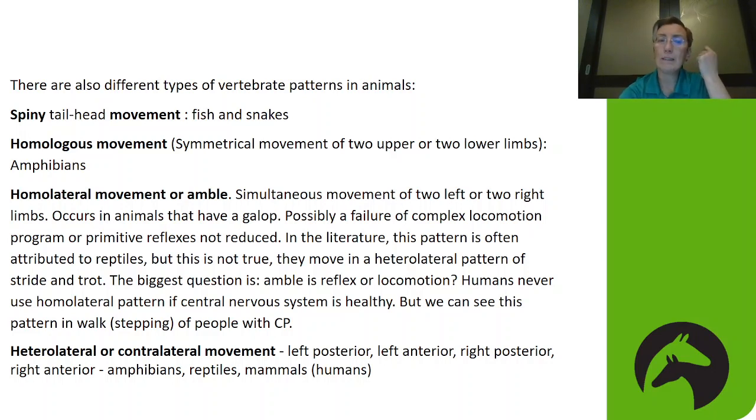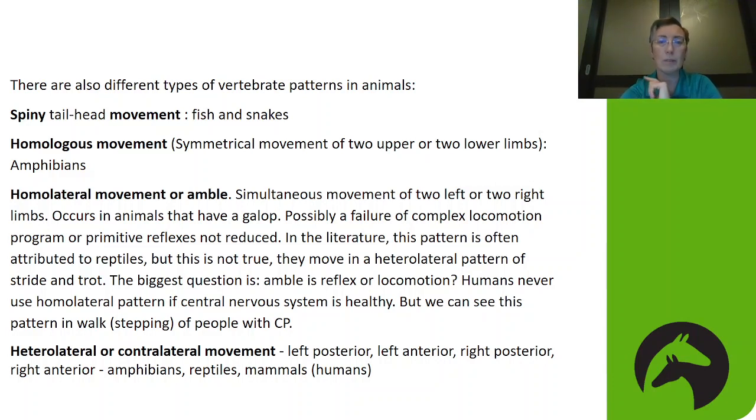But we can see this pattern in the walk of people with cerebral palsy, because their central nervous system is not healthy, and so they can't move in locomotion. They begin to use reflex in their pattern of walk. And another locomotion is not locomotion.